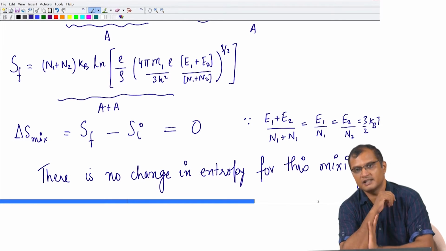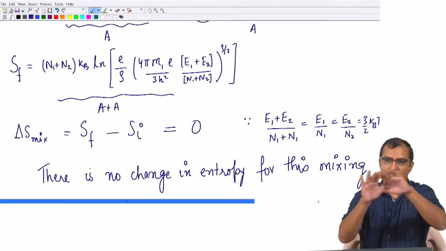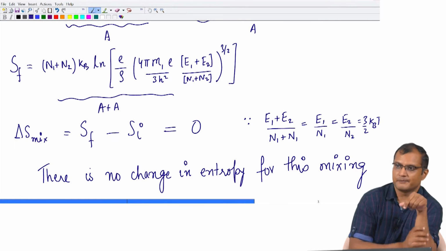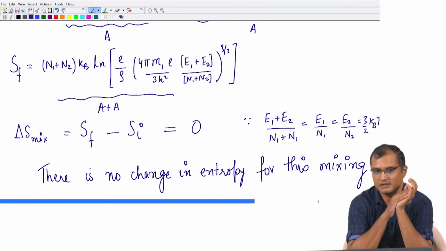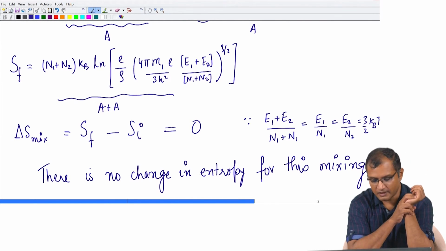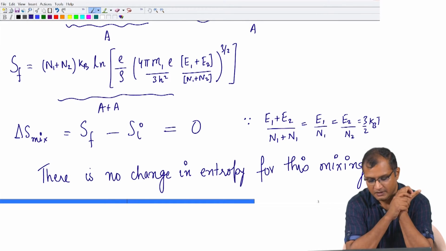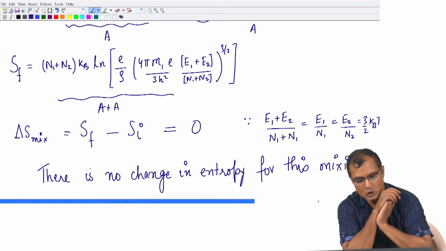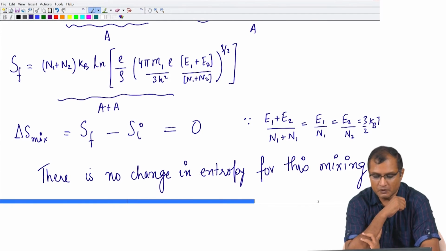So, clearly the change that happened in this isolated system was reversible, and for such changes, you do not incur a positive change in entropy. So, hence the entropy of mixing turns out to be purely 0.